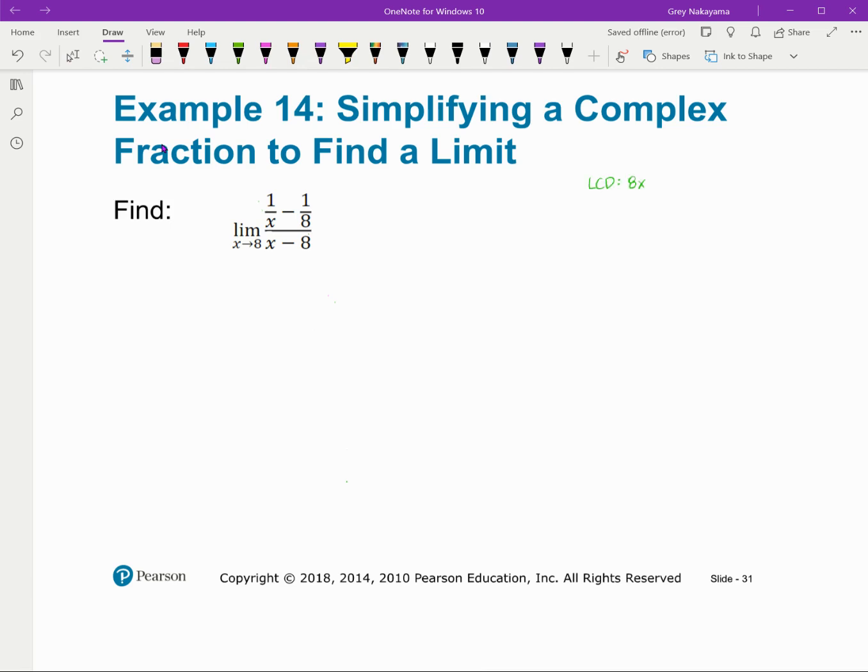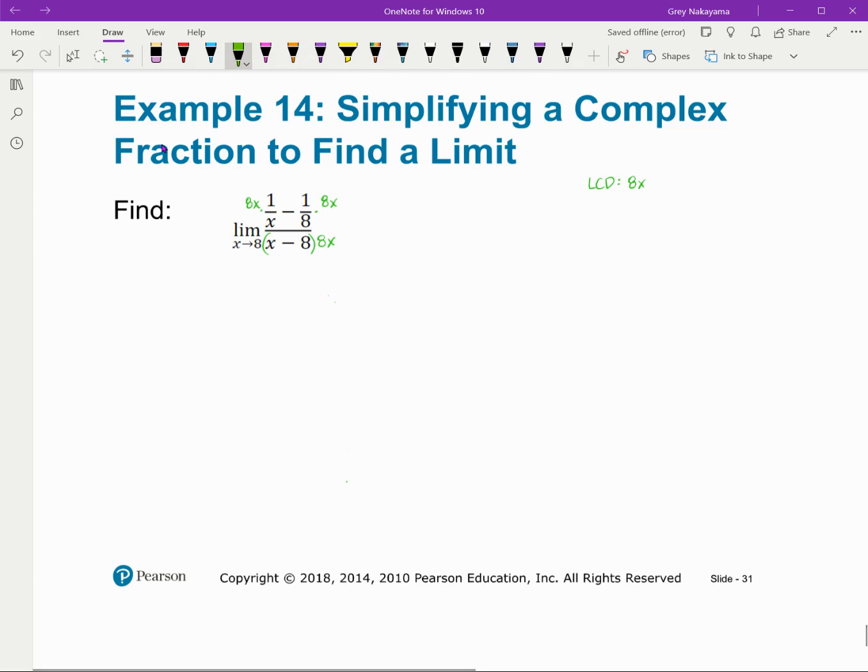Before I would write out to the side 8x over 8x, but another way to think of it is to think about multiplying every term by 8x. So 1 over x gets multiplied by 8x, 1 over 8 gets multiplied by 8x, and then x minus 8 gets multiplied by 8x.